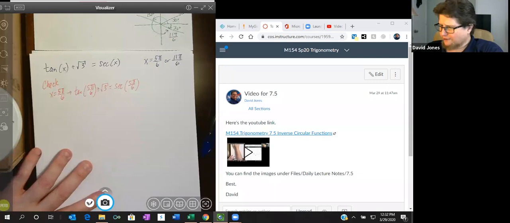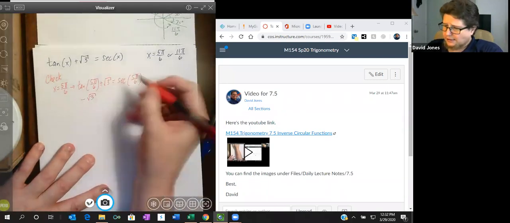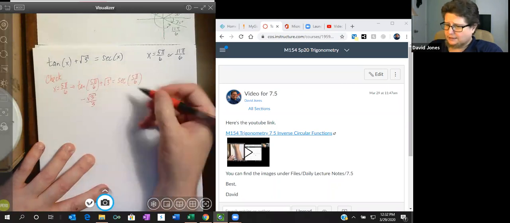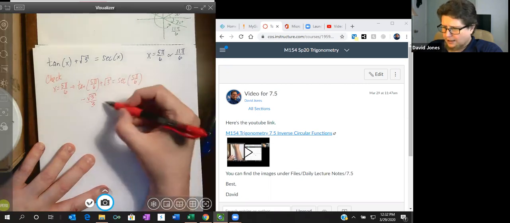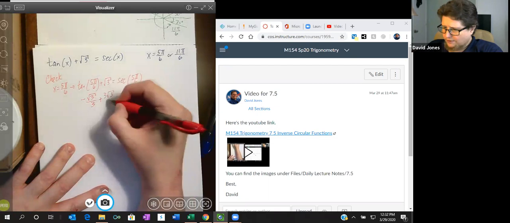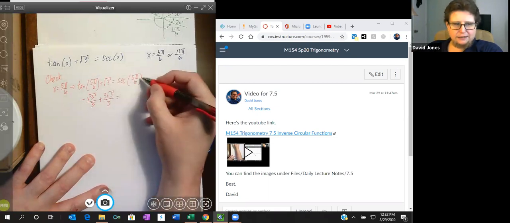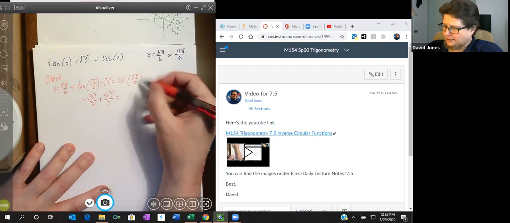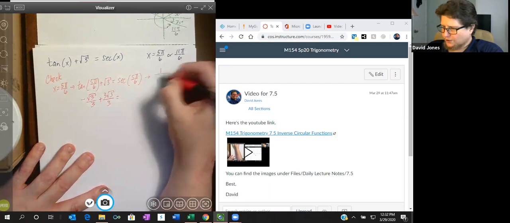Well, tangent of 5 pi over 6 is negative root 3 over 3. And if I want to get a common denominator, I'll just multiply this by 3 over 3. I get 3 root 3 over 3. Does that equal secant of 5 pi over 6? This is 1 over cosine of 5 pi over 6.